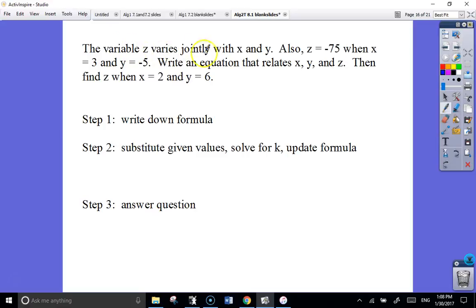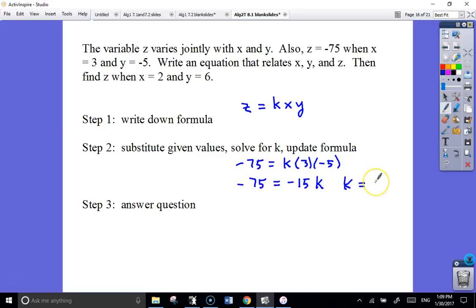Okay, Z varies jointly with X and Y. Z equals KXY. Z equals negative 75 when X is 3 and Y is negative 5. Negative 75 equals K times 3 times negative 5. So negative 75 equals negative 15 times K. So what does K equal? Five, right?